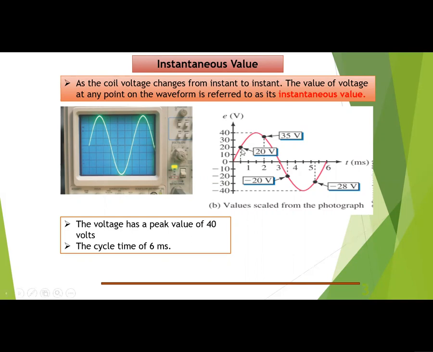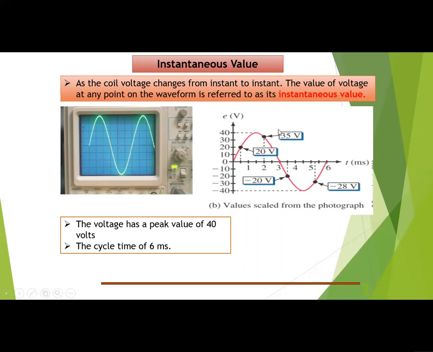See this instant at T position. How much voltage? 20 volt. See this instant at 2 millisecond. This is 35 volt. This instant to instant change in voltage levels is called the instantaneous values.